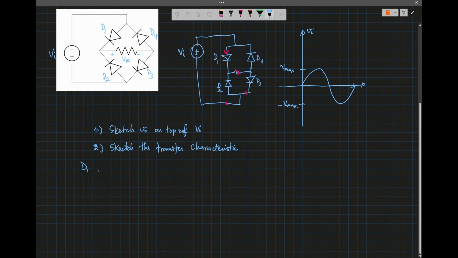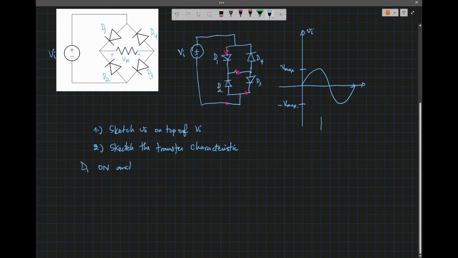D1 is on, and D2 will be off because of the polarity of the voltage, meaning D2 will be reverse biased.